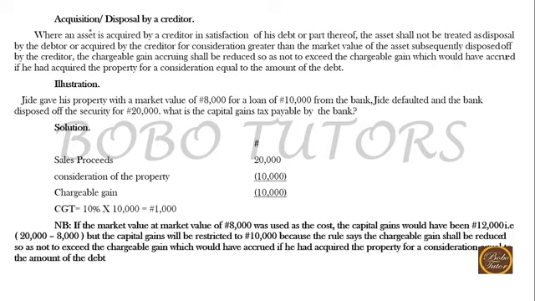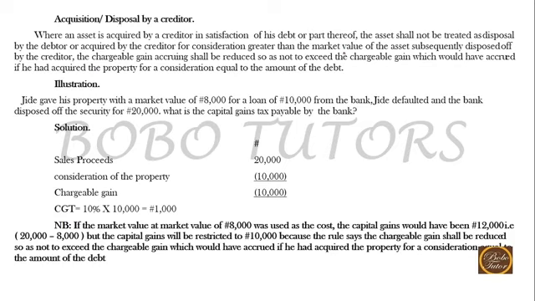Now let's read. Where an asset is acquired by a creditor in satisfaction of his debt or part thereof, the asset shall not be treated as disposal by the debtor or acquired by the creditor for a consideration greater than the market value. Are you getting it now? That is, the market value of the asset will be the consideration, the sales proceeds.